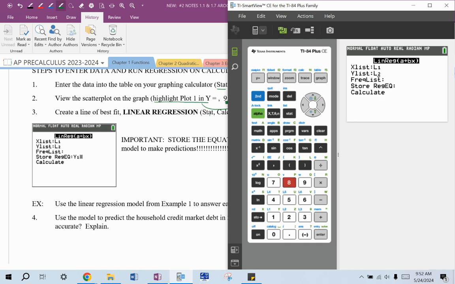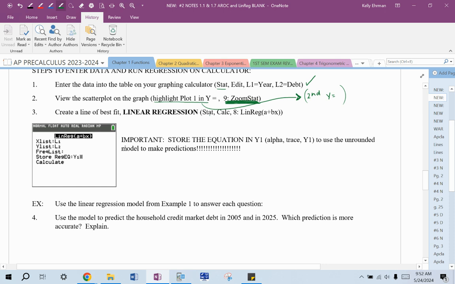Again, it should say L1 and L2. We don't put anything in for frequency list. And then here's an important thing. Store the equation in Y1. We're going to be using this feature all the time for more than just regression and graphing.